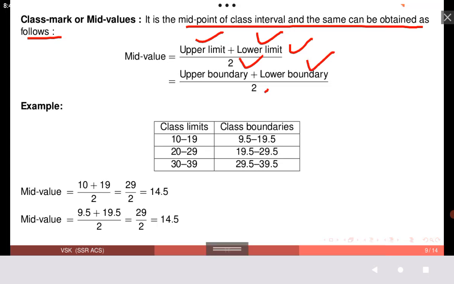Let us see the first class interval in the case of class limit. If the class limit is given, there is no problem. Just add 10 plus 19, that is 29, divided by 2, it is 14.5.